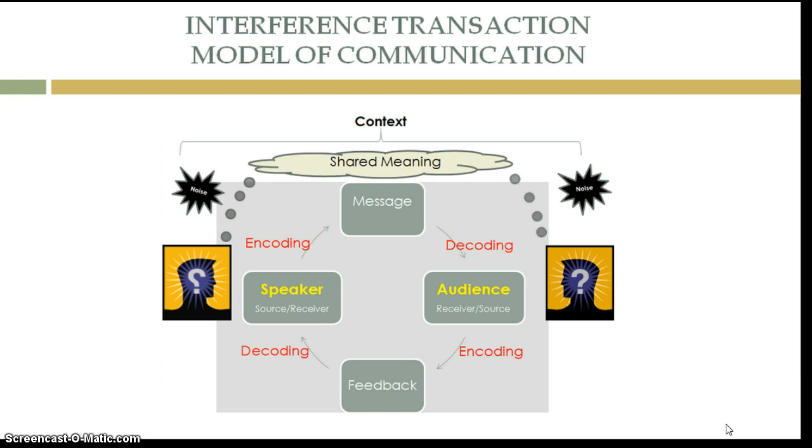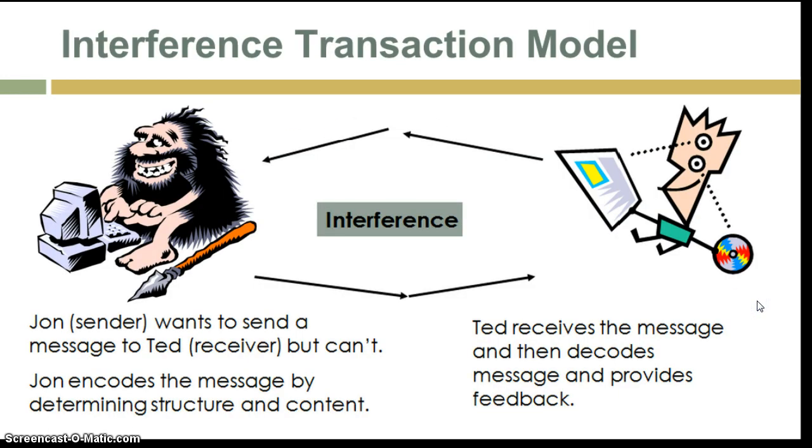Unlike the simple model, which is simply a back and forth communication stream, the interference model introduces the idea of noise and how noise affects the ability of the sender to send a message that is correctly understood by the receiver. So with the interference model, we see that noise sometimes disrupts this idea of a shared meaning.